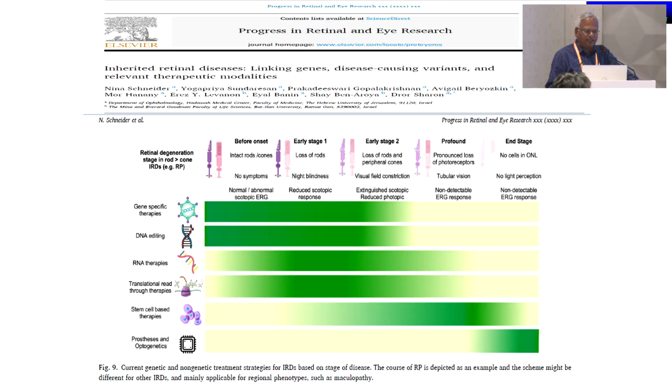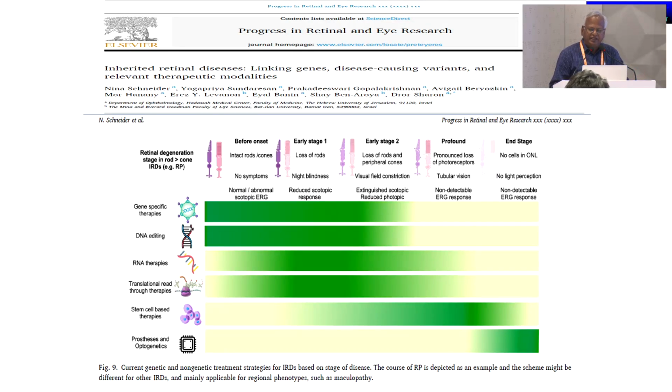Here they are emphasizing, consider a disease related to the retina. It may be mild, moderate, severe, profound, or end stage. And now they are adopting gene editing technology. It may be gene-specific therapies, DNA editing, RNA therapies, stem cell-based therapies, or optogenetics. So the green bar represents this. Suppose you consider the disease in the early stage, you can adopt augmentation.